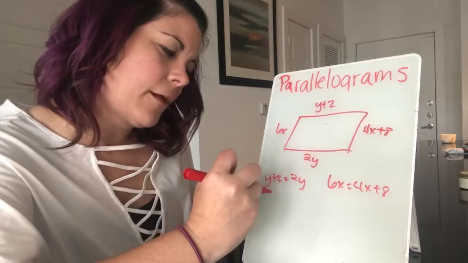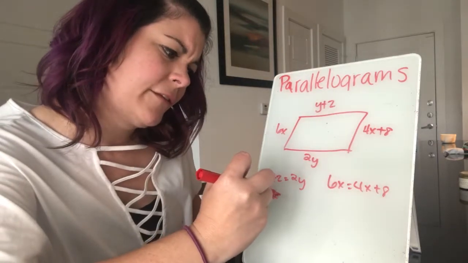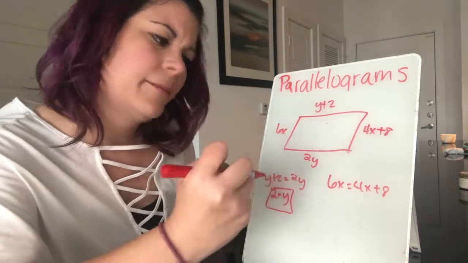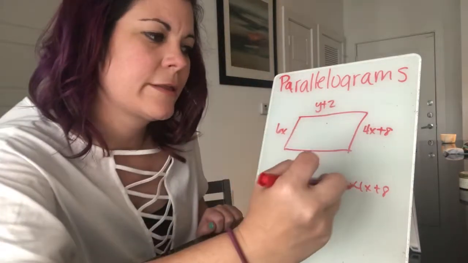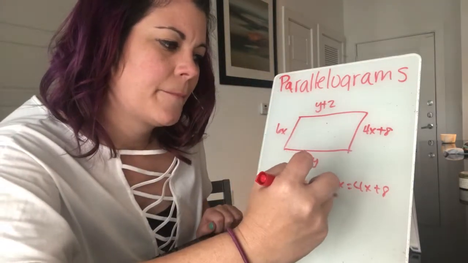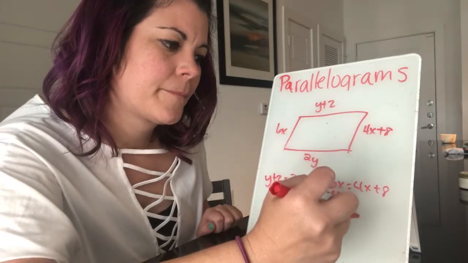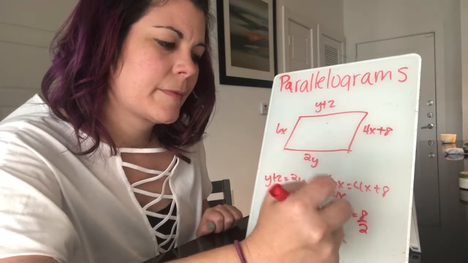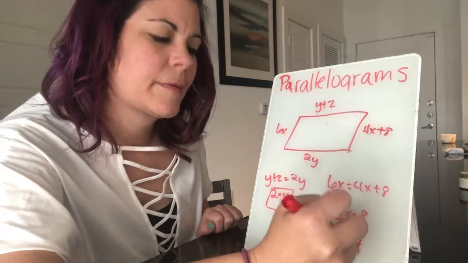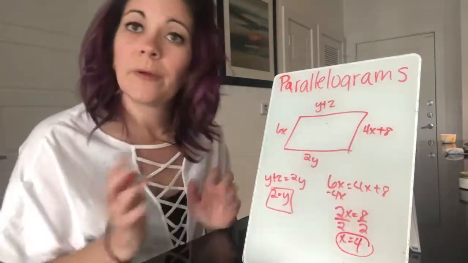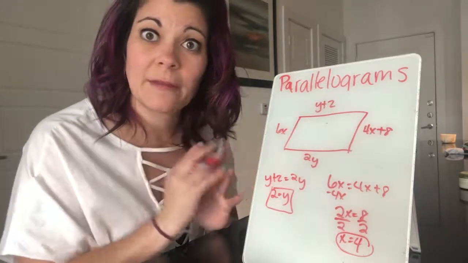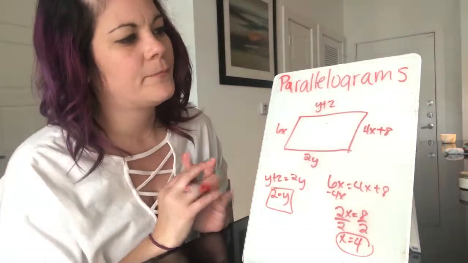So we solve it. I'm not going to teach you how to solve; if you need that, go watch the solving equations video. And so x equals 4 and y equals 2. And so there you can use that theorem to solve this parallelogram.